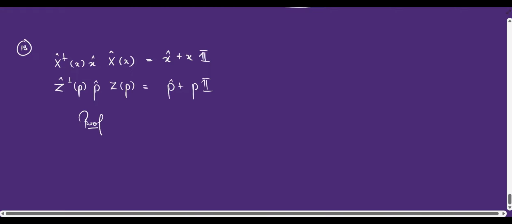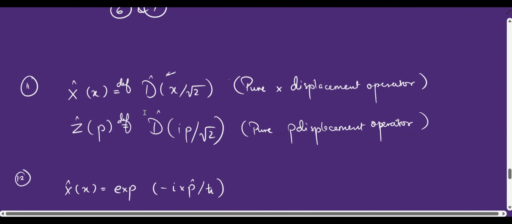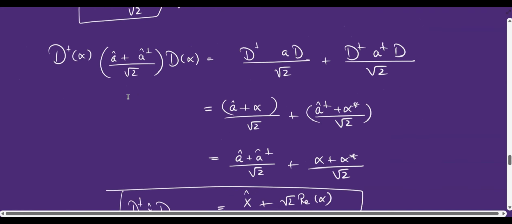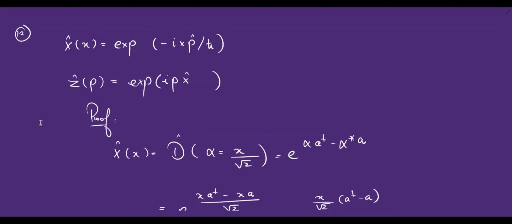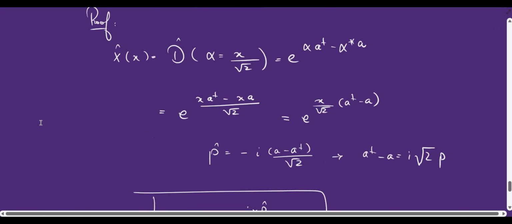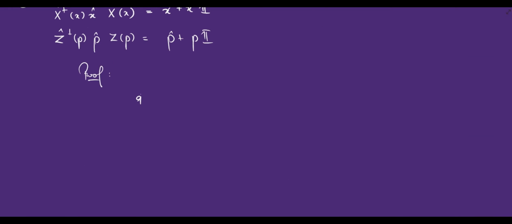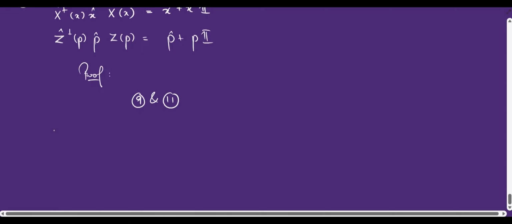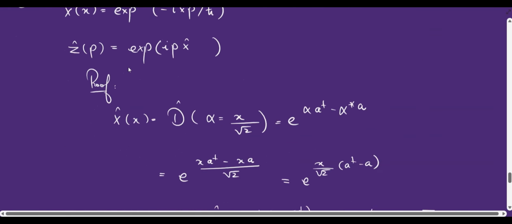Now to prove this, just use these particular properties and you will be able to prove it. The properties that I'm asking you to use are 9 and 11 for this first one, and 10 and 11 for the second one.